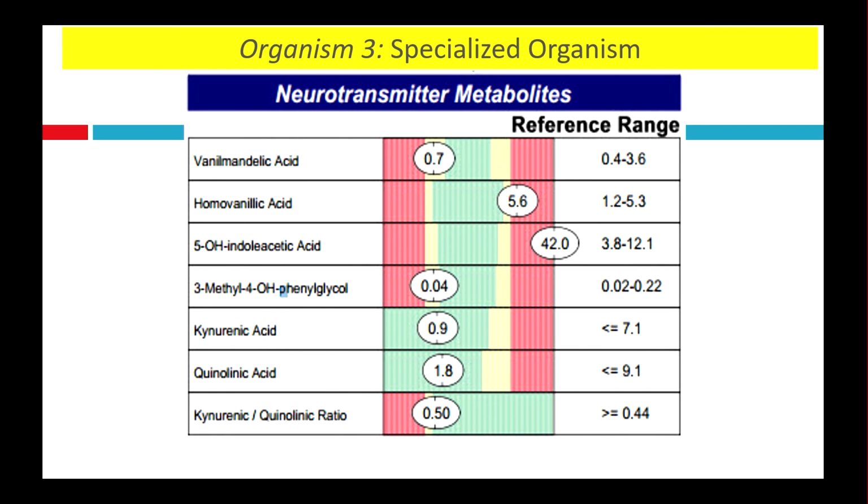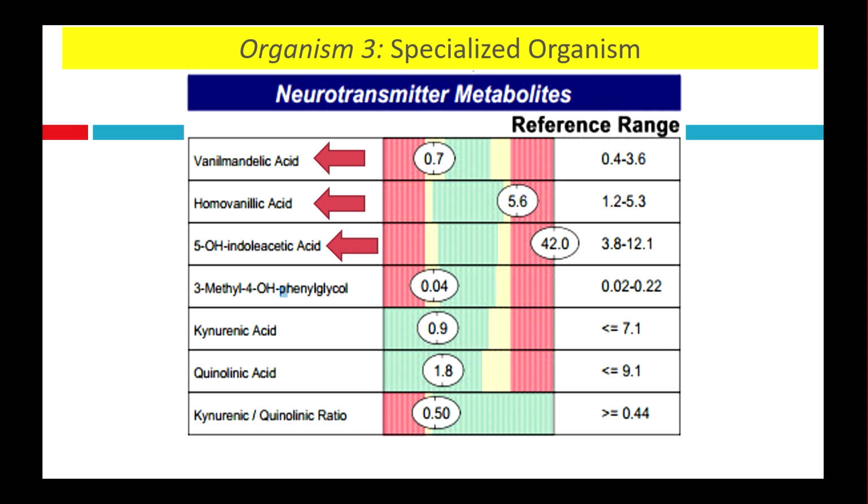Now, the specialized organism is the third organism and is the organism that produces hormones like neurohormones, neurotransmitters are neurohormones, and cytokines. And if you take a look at this client, you see vanillylmandelic acid, which is a metabolite of epinephrine, homovanillic acid, metabolite of dopamine, and indole acetic acid, a metabolite of serotonin.